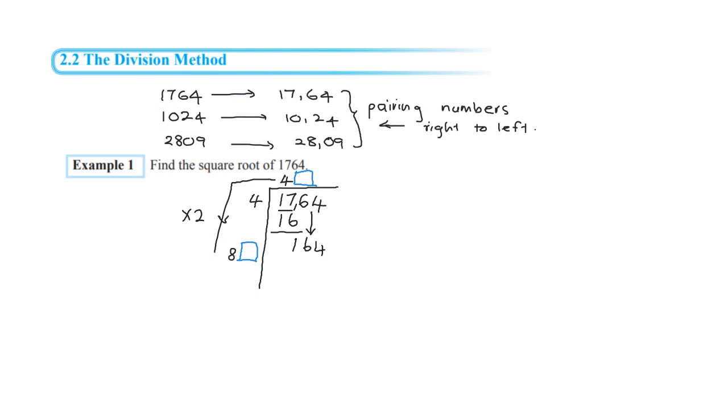So we have to put 2. Let's see. 2 there. Then 2 times 2 makes 4, and 2 times 8 makes 16. So when you subtract, you have the remainder 0. So you have a perfect square number. The square root of 1764 is equal to 42.